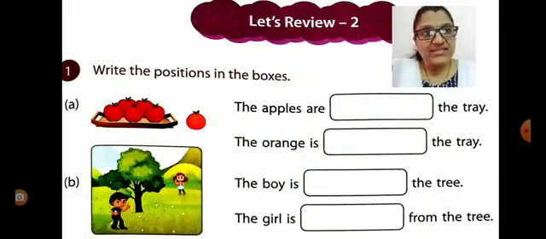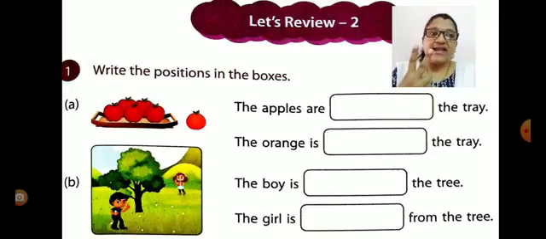Children, in this, we are going to revise lesson number 4, 5, 6, 7, 8 and 9. All these lessons, examples we have to solve in Let's Review. We have to do the revision. All these lessons we have already learned. So let us start and do one by one.